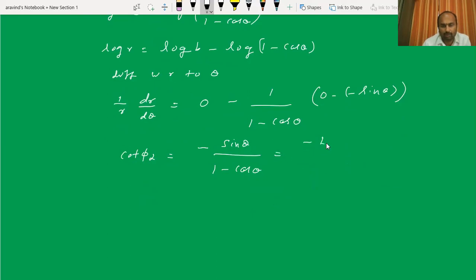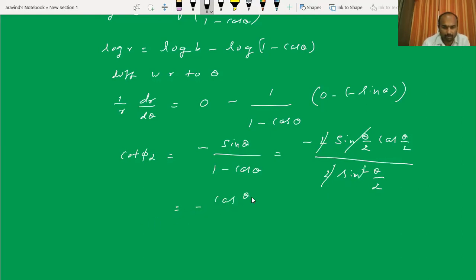So minus sin theta can be written as minus 2 sin theta by 2 cos theta by 2. And 1 minus cos theta means 2 sin square theta by 2. Here 2 gets cancelled, sin and sin square will get cancelled. So it is minus cos theta by 2 by sin theta by 2.